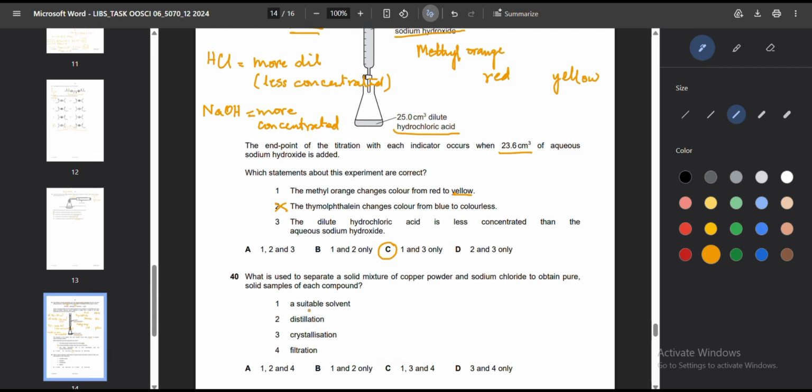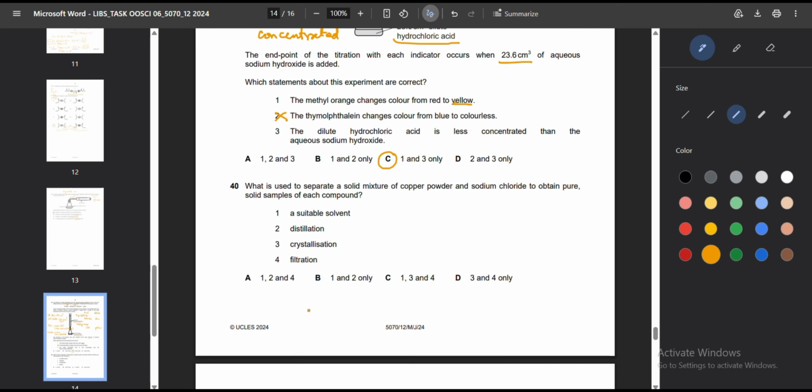Okay, now we move on to the last one: what is used to separate a solid mixture of copper powder and sodium chloride to obtain pure solid samples of each compound.